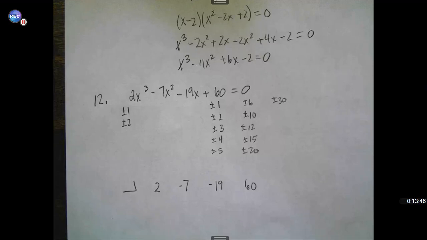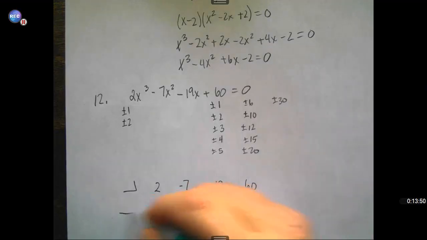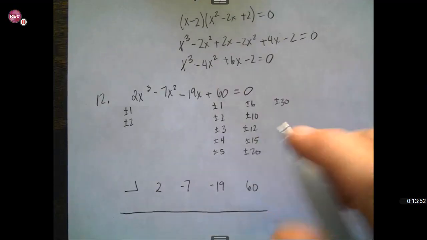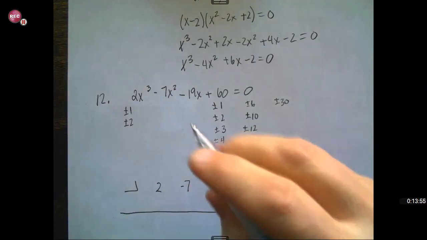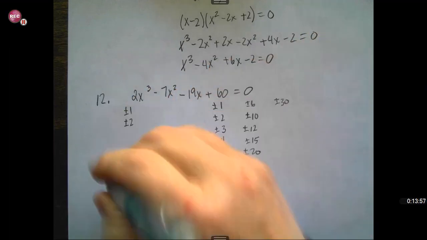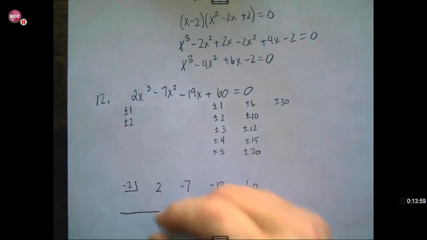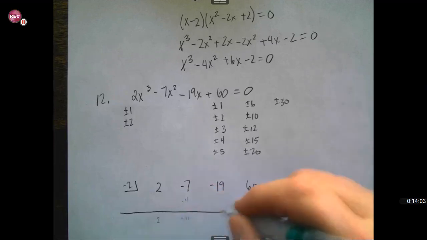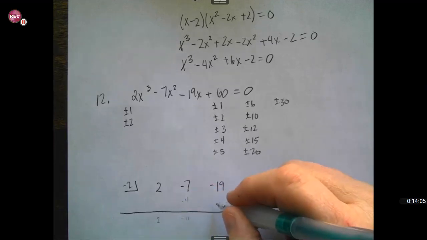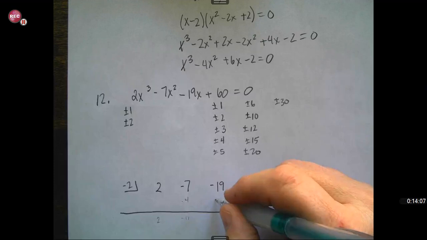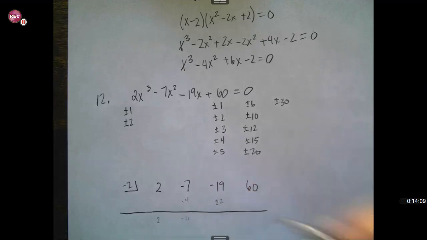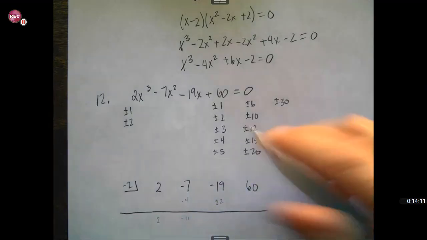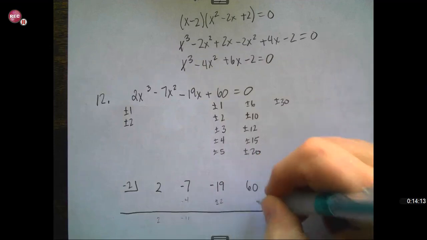I'm having a tough time with that. I'm cheating, actually. We're going to try negative 2. Let's see, that would be 2, negative 4, negative 11, 22, right? That would be 3, but that would be 6, not 60.